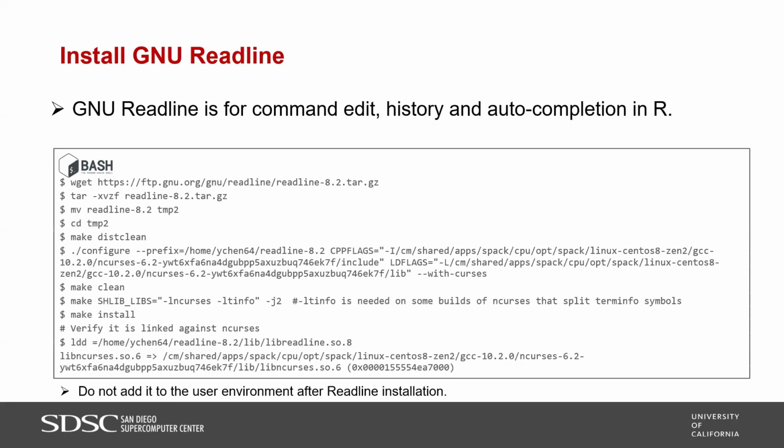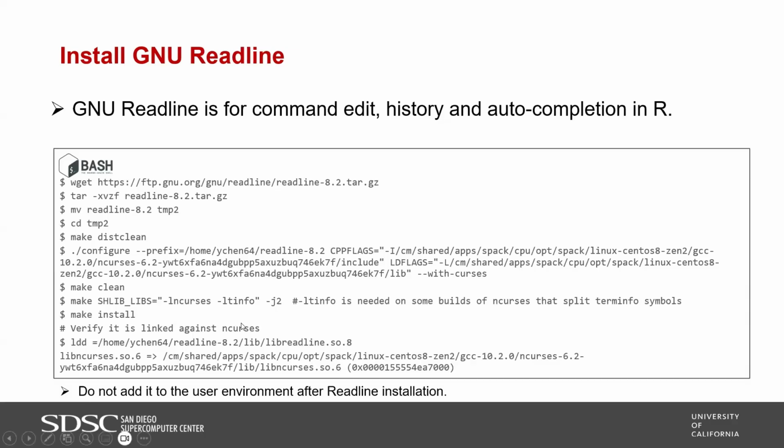Installing GNU readline is also straightforward. That readline is for the command history and the auto completion in R, and once you get it built and enabled, running R commands in the R console will be easy. And again, the process is straightforward.